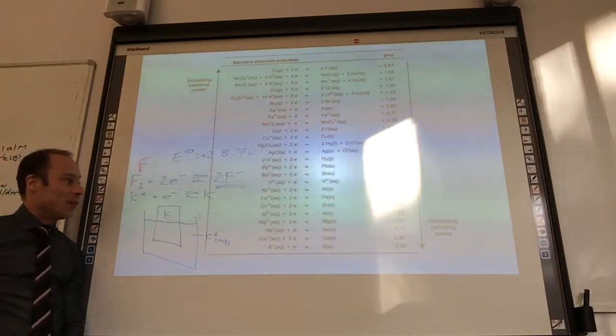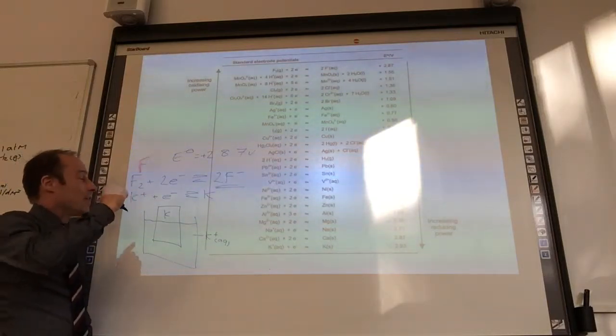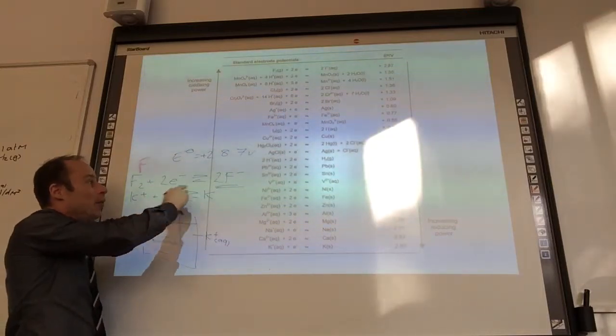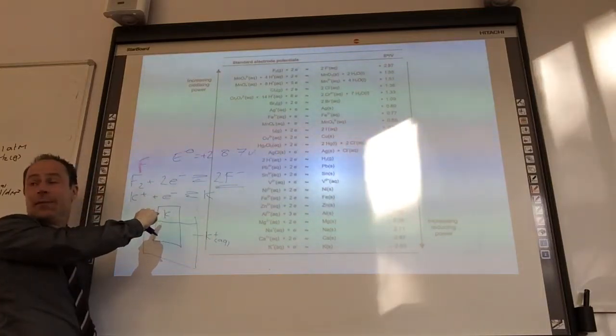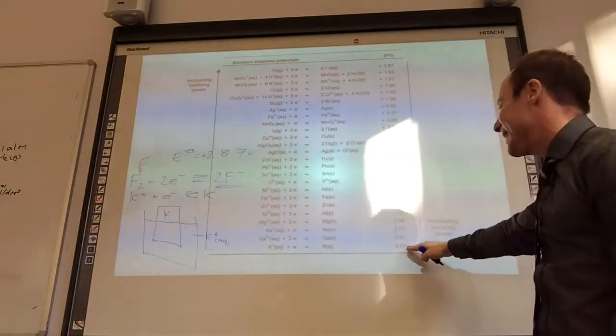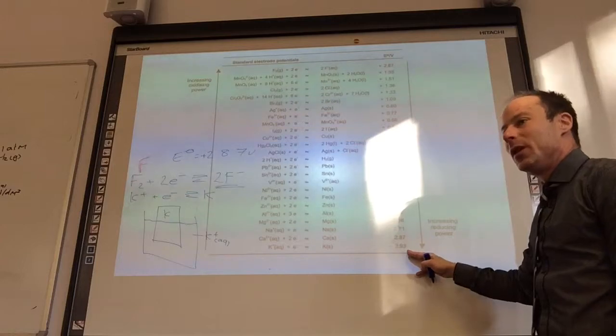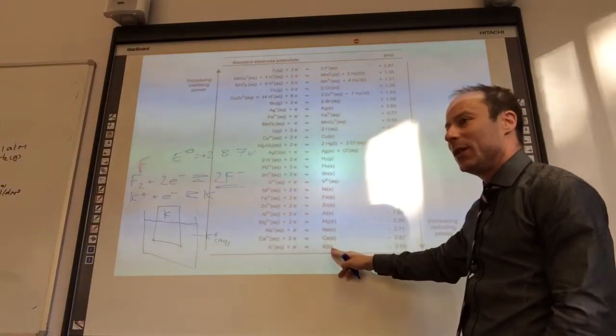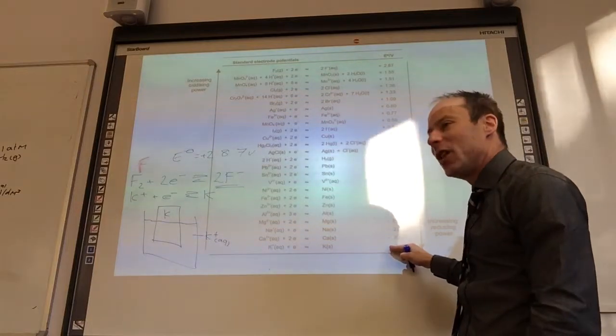If it's negative, the equilibrium is to the left. If it's positive, it's to the right. Just think that if it's negative, it's an unfavourable reaction. Potassium plus does not want to become potassium metal. So it's not likely to happen.